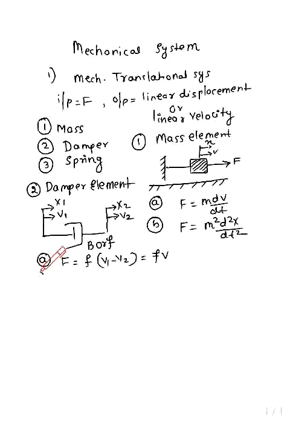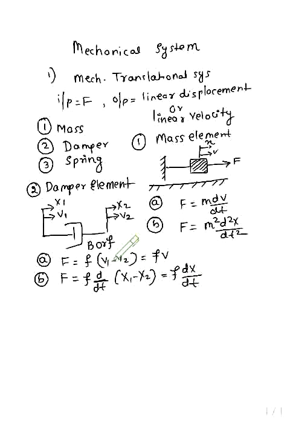Again there is displacement x2 and velocity v2, and similarly here also x1 and v1. So there is a relative velocity v1 minus v2 and relative displacement will be x1 minus x2.